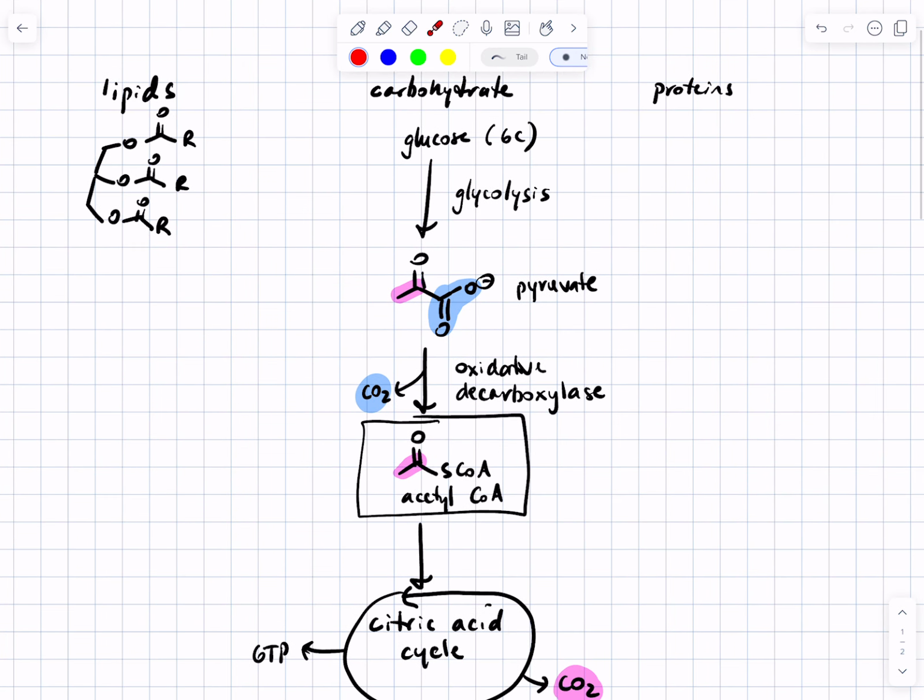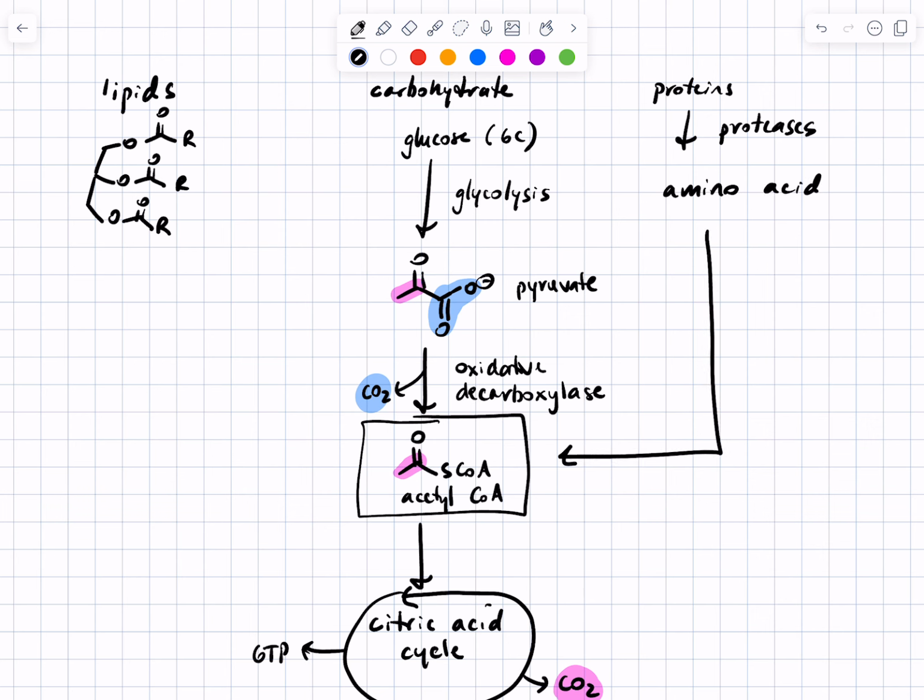We won't spend a lot of time talking about protein metabolism. You have various enzymes called proteases, and there are many of these that can break down proteins into their component amino acids.